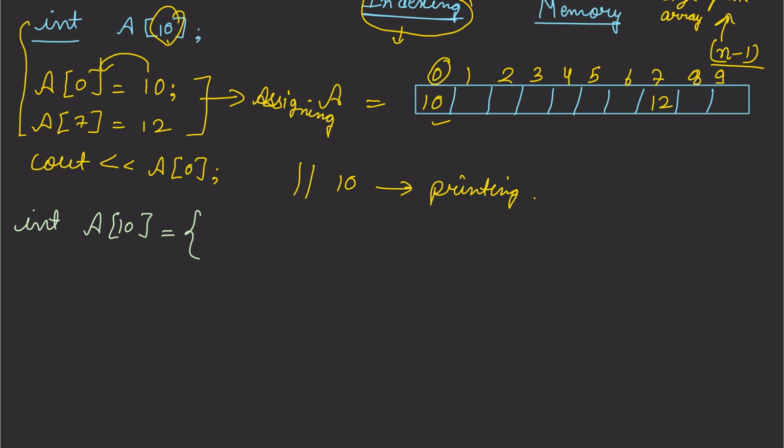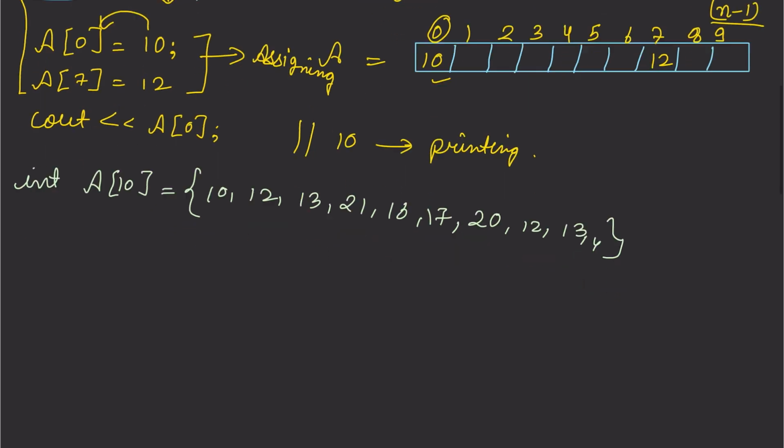Now I want to enter the values: 10, 12, 13, 21, 16, 17, 20, and again 12 and 13. Okay, that's all: 1, 2, 3, 4, 5, 6, 7, 8, 9 and 4. So now what will the array look like in the memory?